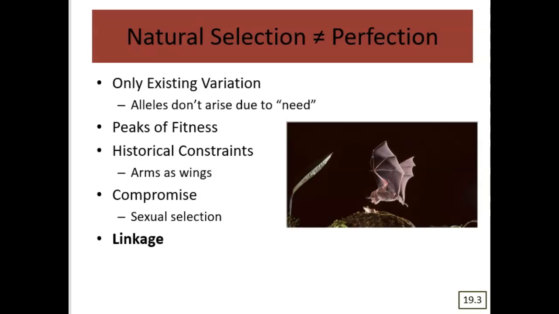They're genetically linked together, so they're more likely to be inherited together. And so selection for one is influencing the other one. Right? We have to consider both the environmental and the genetic context. And we might find that an organism isn't perfect because it's got some detrimental alleles that have gotten linked with beneficial alleles.